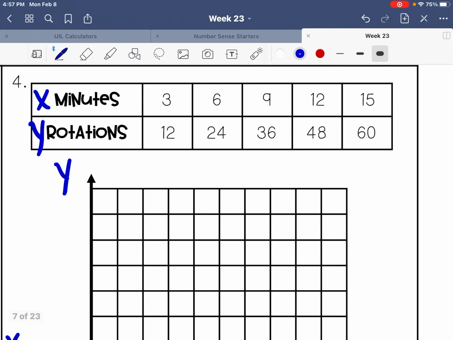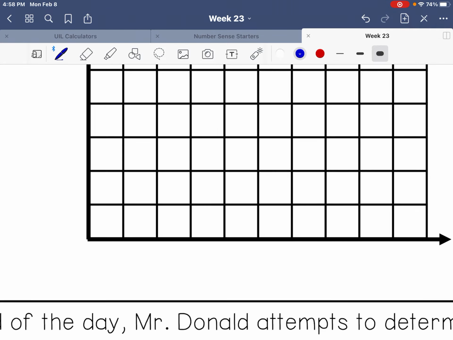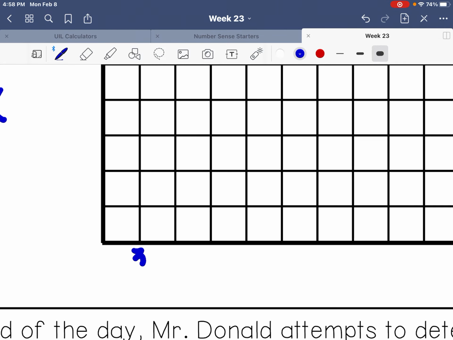The x values are 3, 6, 9, 12, and 15. And the y values are 12, 24, 36, 48, and 60. I'm not going to try to guess what would fit. I'm just going to use these numbers as my x values on the bottom. So I'll just start going by threes. So it'll be 3, 6, 9, 12, 15.